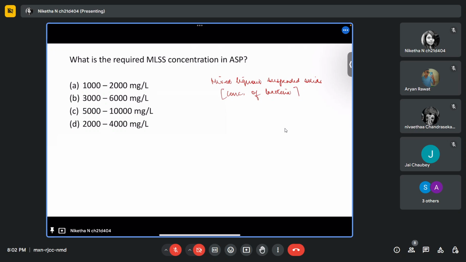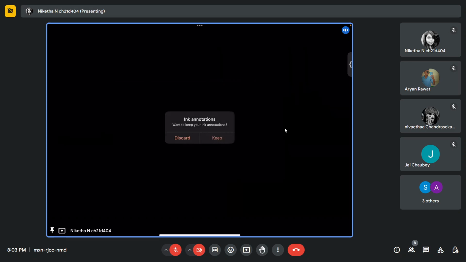High or low? The activated sludge process is where the bacteria are suspended in the wastewater and aerated with oxygen so that they can degrade the organics. If the concentration of bacteria is sufficiently high, then it can degrade the organics effectively. So the correct answer is 3000 to 6000 milligram per liter.